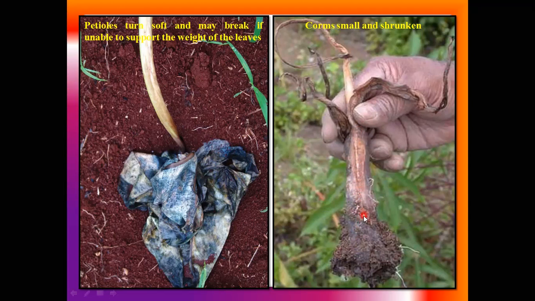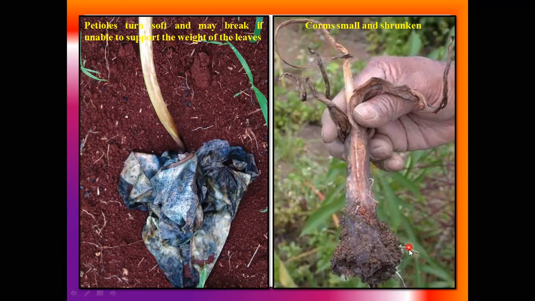Okay, these corms show whitish mycelia on the outer surface. Suppose spores land on the soil, these spores directly infect the growing corm portion.